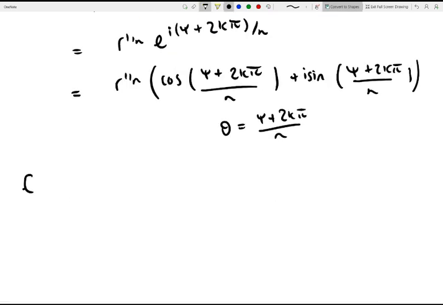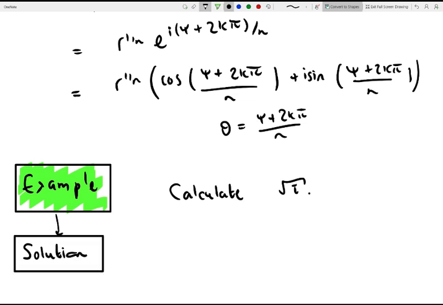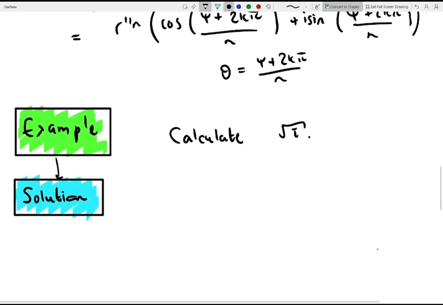And let's go ahead and look at a quick example so we can see how we use this formula. The example is: calculate the square root of i, exactly the same question we looked at a moment ago. Our solution is going to be the following.